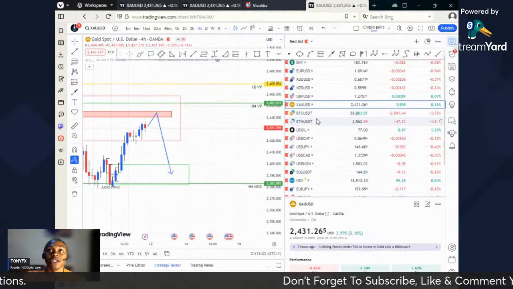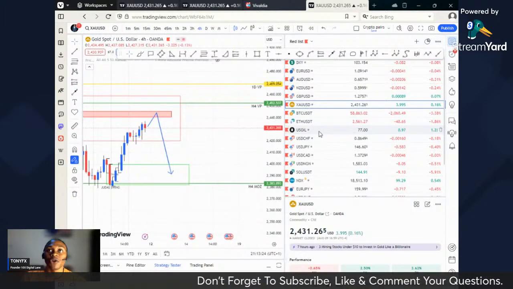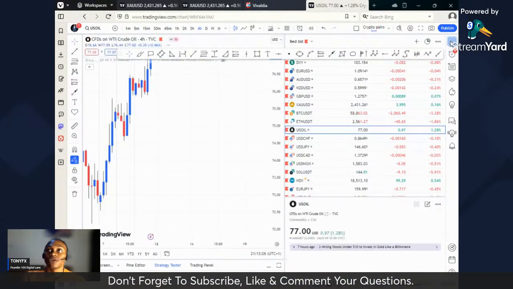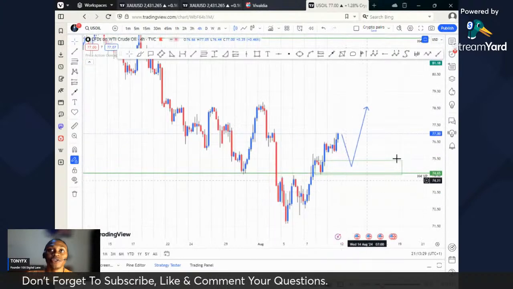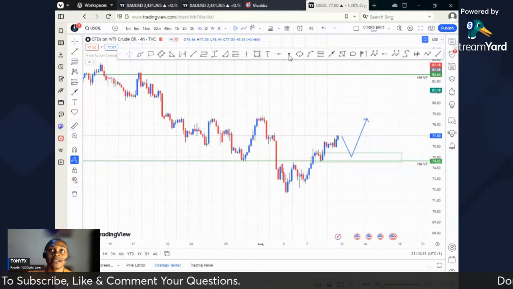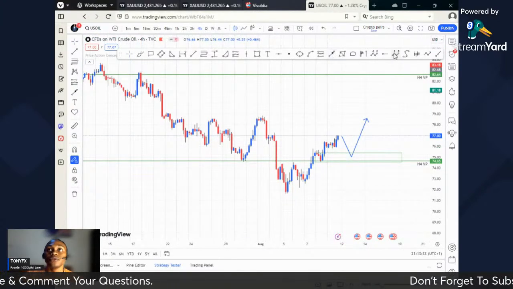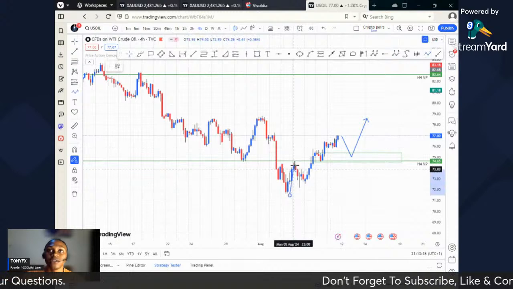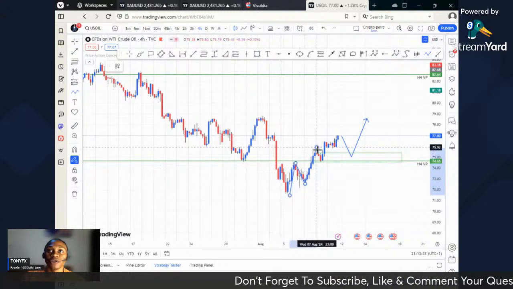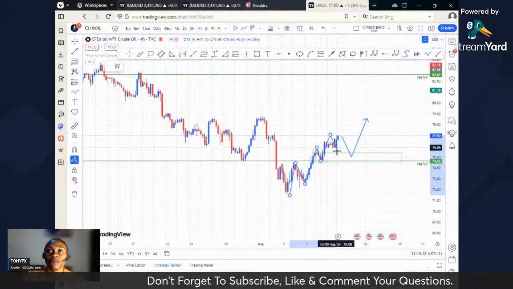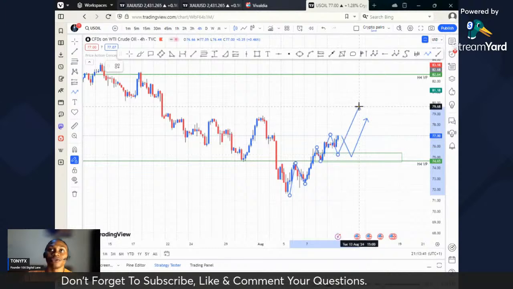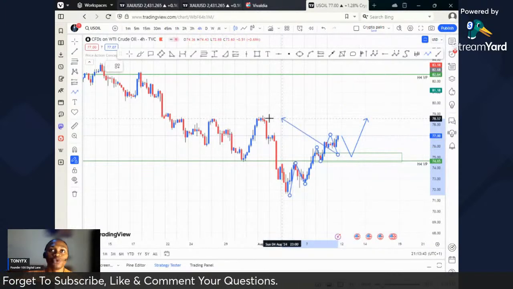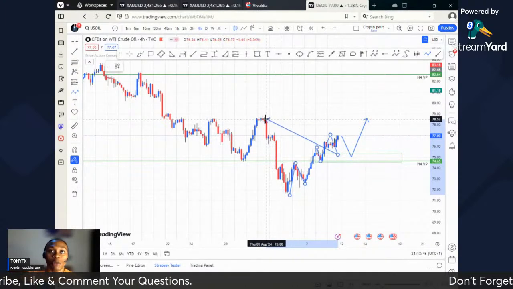The next on the list is US oil. US oil has been rallying to the upside, creating impulse, correction, impulse, correction, impulse. We need enough correction for it to get to another impulse towards this supply zone.